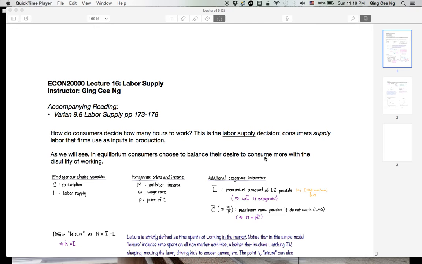Alright, so the labor supply question is really asking how many hours a consumer decides to work. And in particular, the interesting thing about labor supply is it's the first time that we are going to look at a model where instead of consumers demanding something like consumption goods, they're going to make a supply side decision.